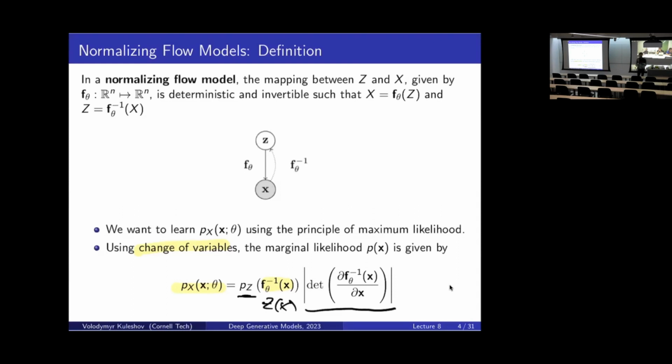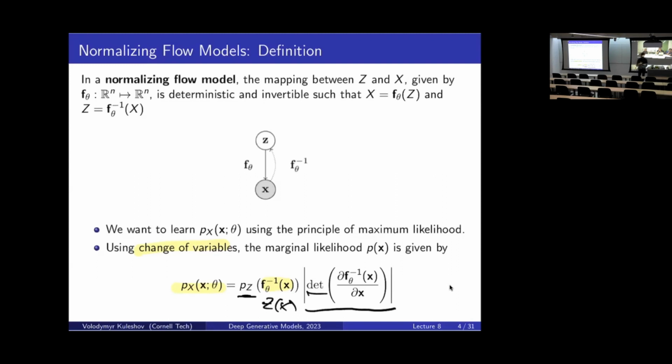Therefore, we have to adjust by the change of volume in each of these mini squares. The size of these squares would go to 0 in the limit, but we still have to make this adjustment. And the correct formula for this adjustment is the determinant of the Jacobian of the inverse mapping, which is what you see here.